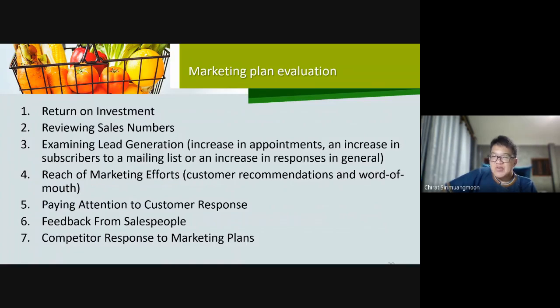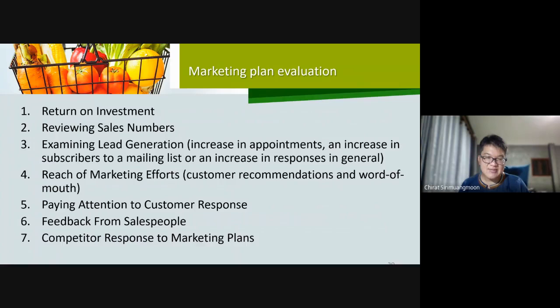Then marketing plan evaluation. So you have a marketing plan, and you need to have the result. The result can be presented in terms of, first, return on investment. You need to have high profit. You need to have at least the break-even point. So that is the return on investment. Review sales numbers: think about the number of consumers that you have before and after having the marketing plan.